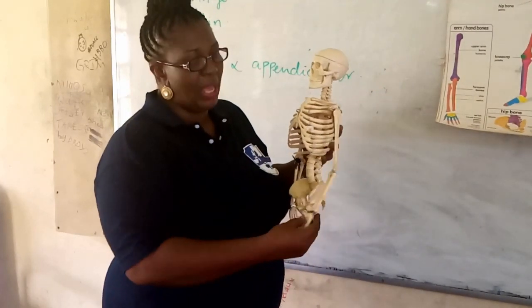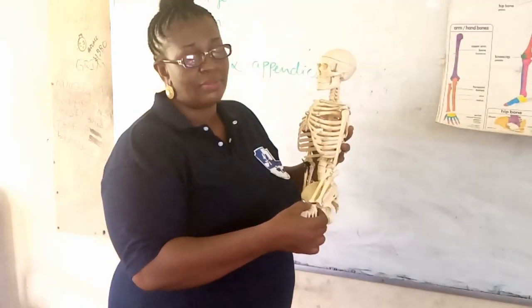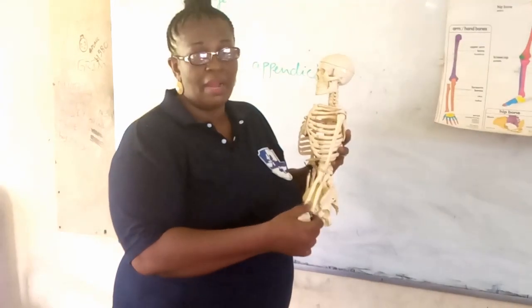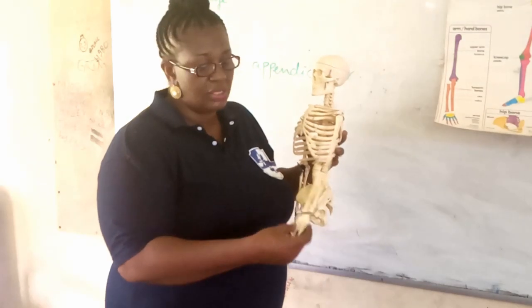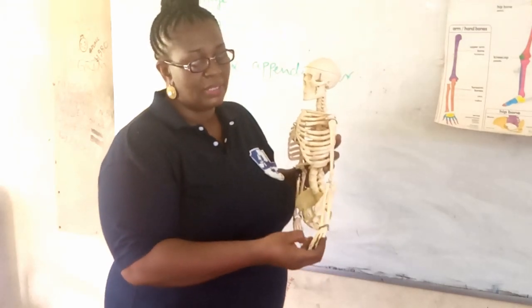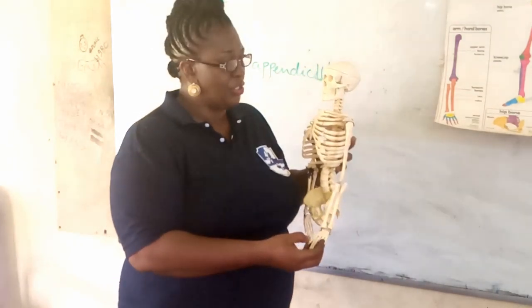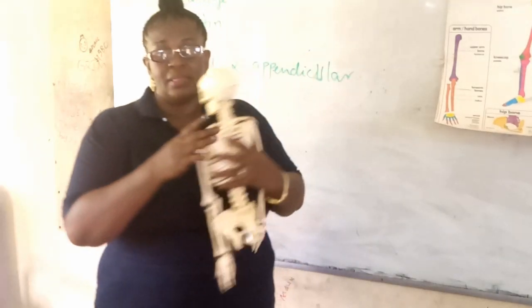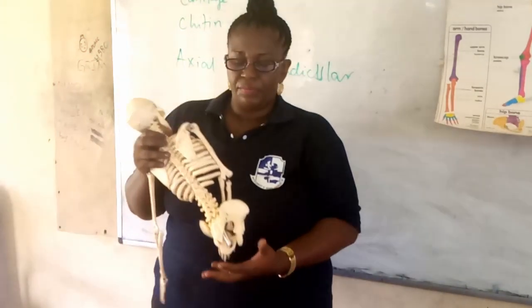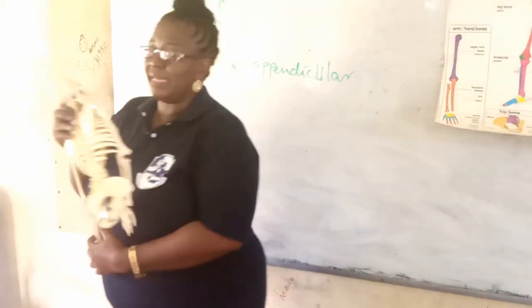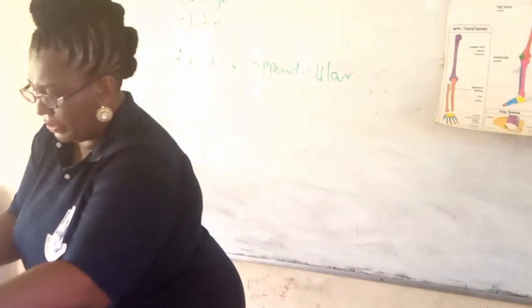And of course, we have the carpals, 8 bones arranged in 2 rows of 4 in the wrist, followed by metacarpals and the 14 phalanges. The same thing goes for the legs or the hind limbs of mammals.